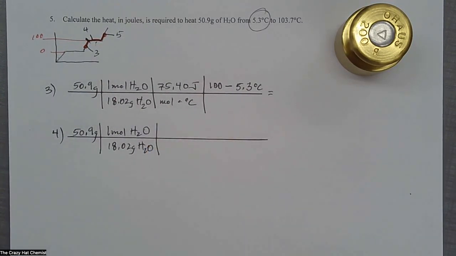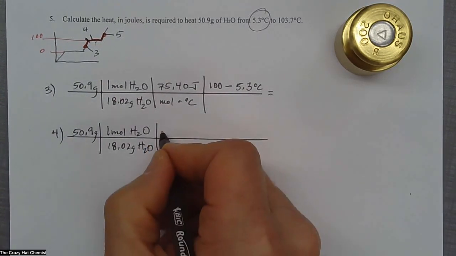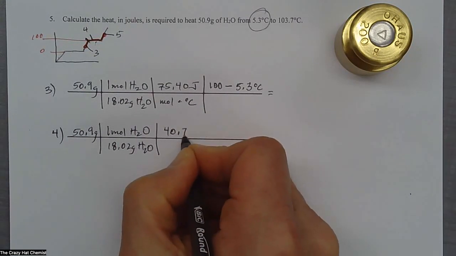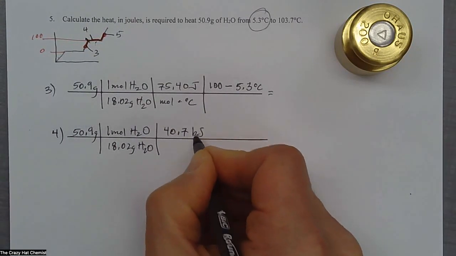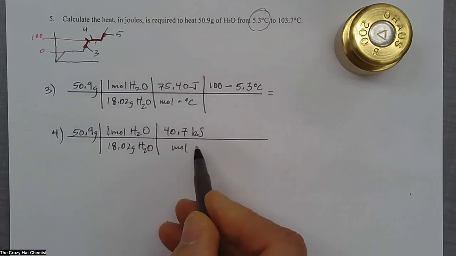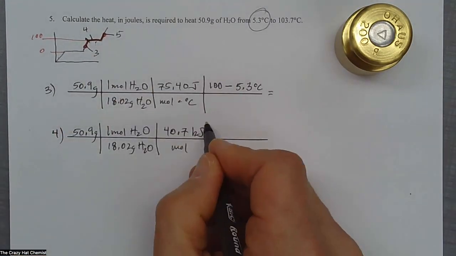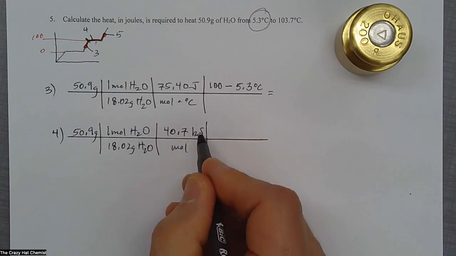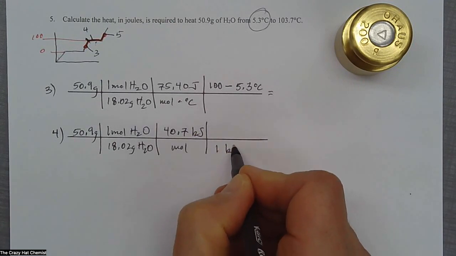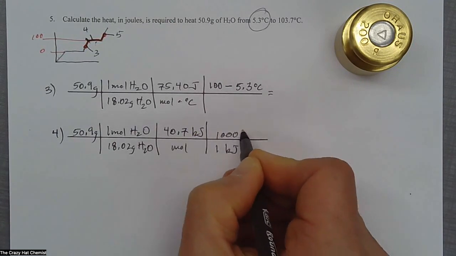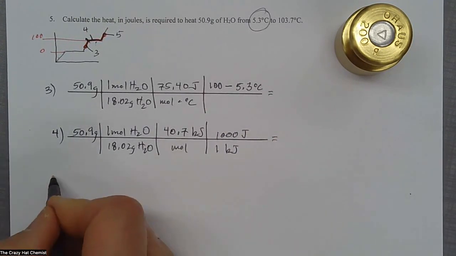And then we have that constant, which is 40.7 kilojoules per mole. And again, there's no temperature units in the denominator because it's a flat line section. Hopefully that makes sense. We're going to convert our kilojoules into joules. And that's done with this simple conversion right there.